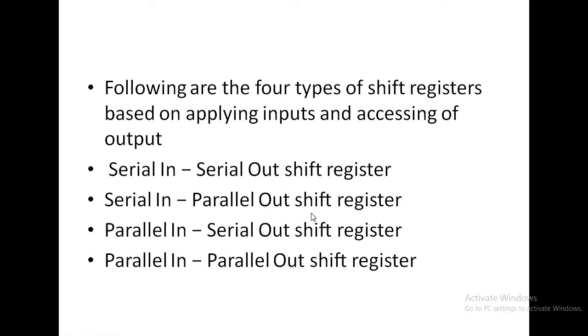Serial in, parallel out shift register, SIPO. Parallel in, serial out shift register, called PISO. Parallel in, parallel out shift register, called PIPO. SISO, SIPO, PISO, PIPO: serial in serial out, serial in parallel out, parallel in serial out, parallel in parallel out.